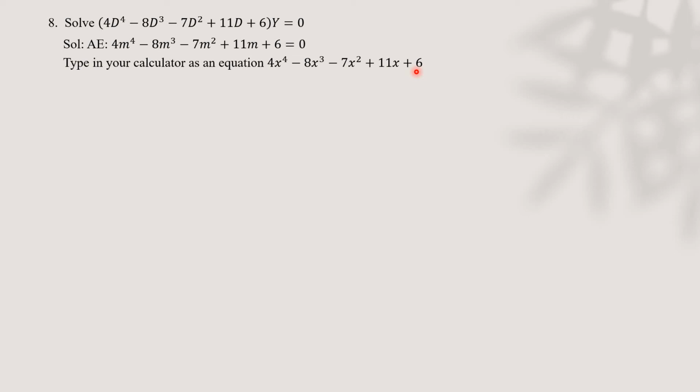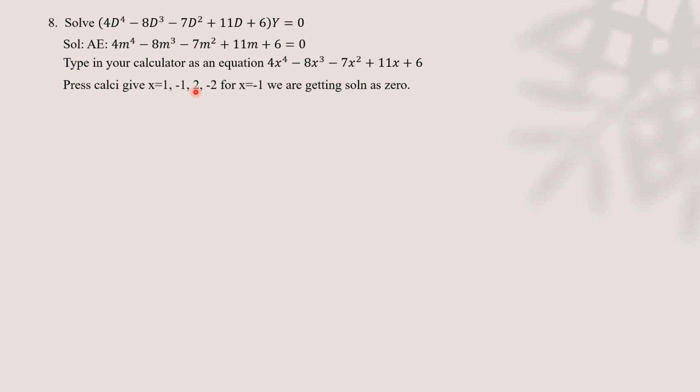Then press calc. It will ask for the value of x. Give x equal to 1, press equal to. If the value is equal to 0, then that will be the root. If it is not, go for calc again. Give x equal to minus 1, press equal to. If you get 0, then that will be a root of that equation.